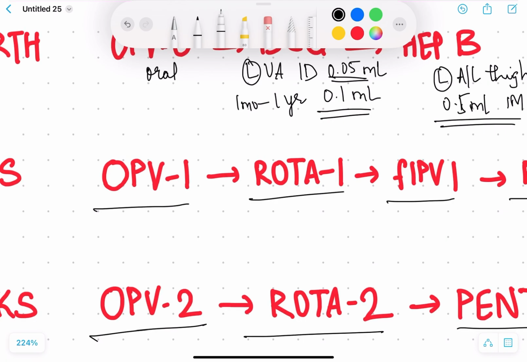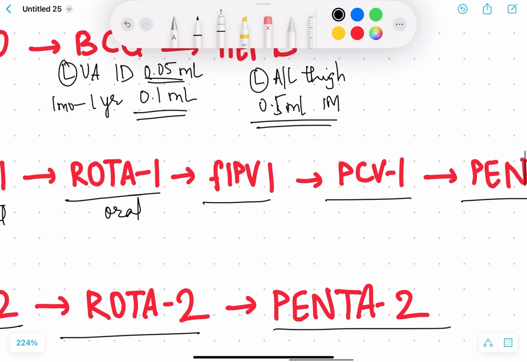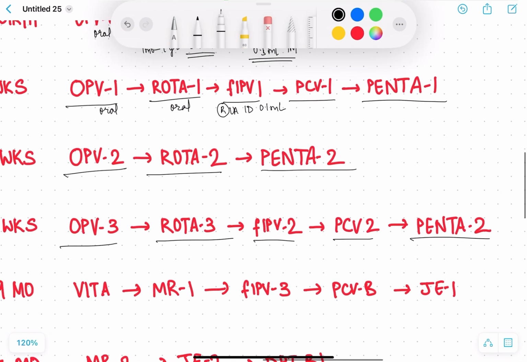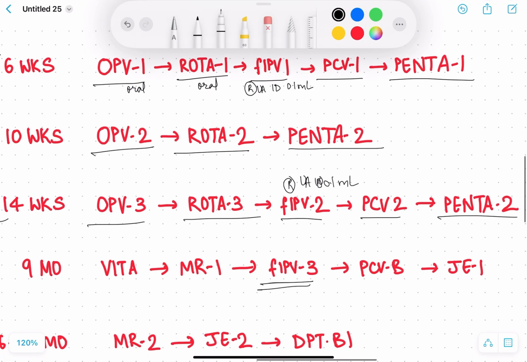So at 6 weeks, first again you will give the oral vaccine first, OPV, Rota 2 and 5 drops. FIPV you want to give on the right upper arm intradermally, you want to give 0.1 ml. Right, so all FIPV doses, FIPV1 and FIPV2 at right upper arm intradermal 0.1 ml, except for FIPV3, where you want to give on the left upper arm intradermal 0.1 ml.